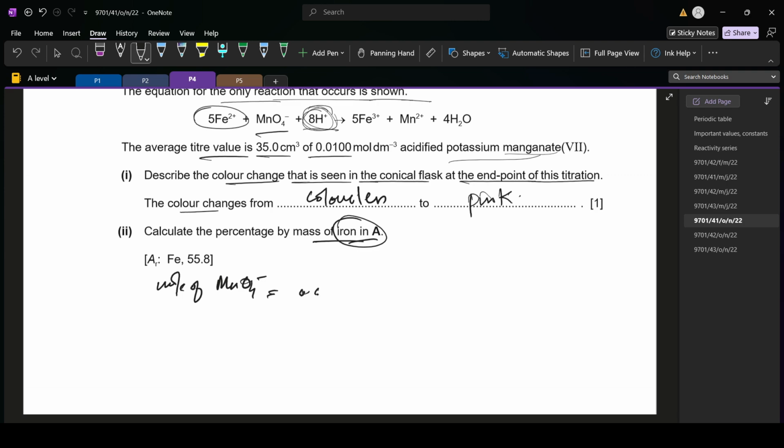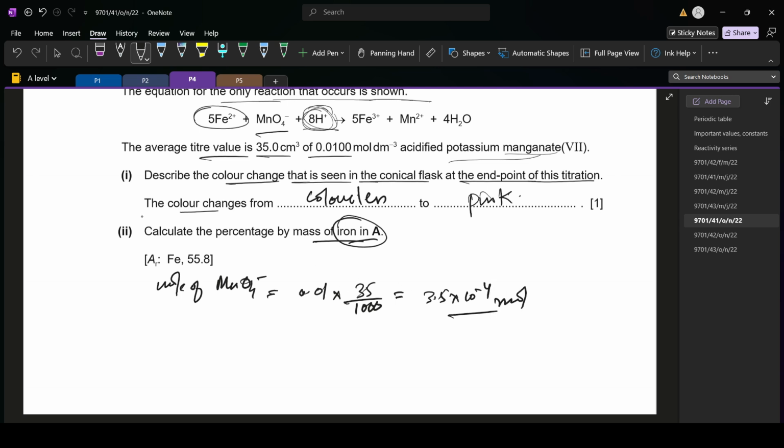So concentration is 0.01 times 35, divided by 1000 because you have to convert into dm³. So this will be 3.5 × 10^-4 moles.